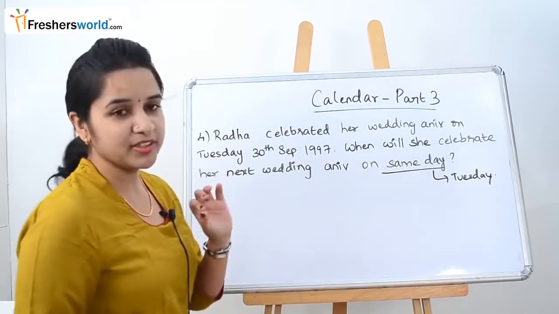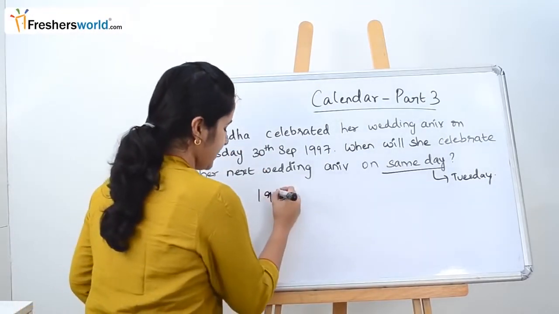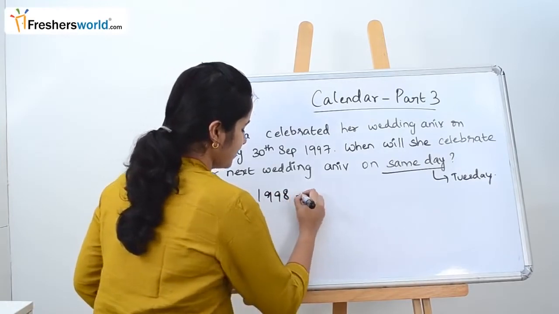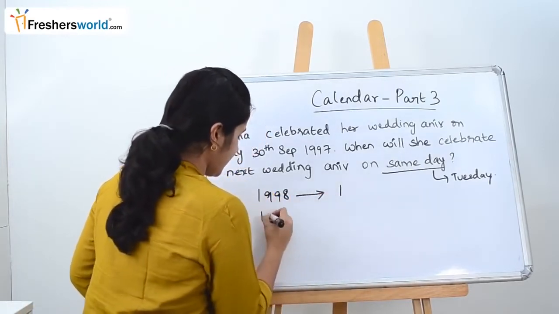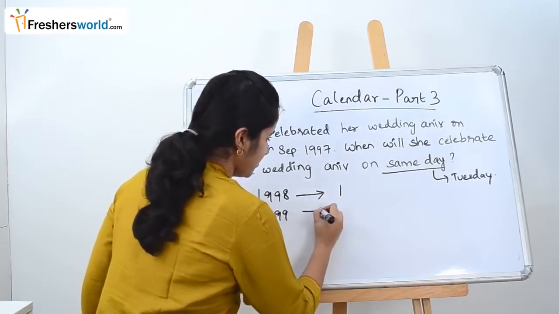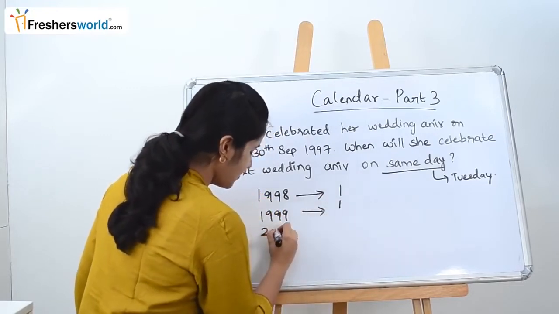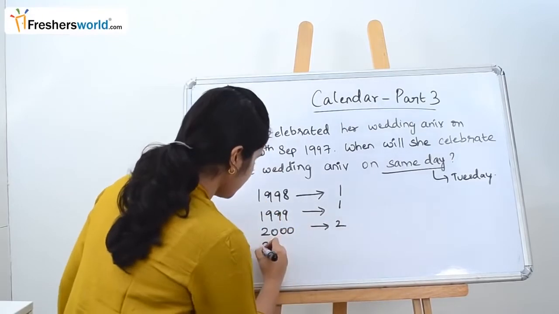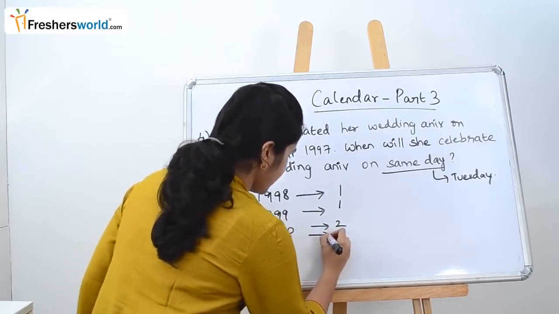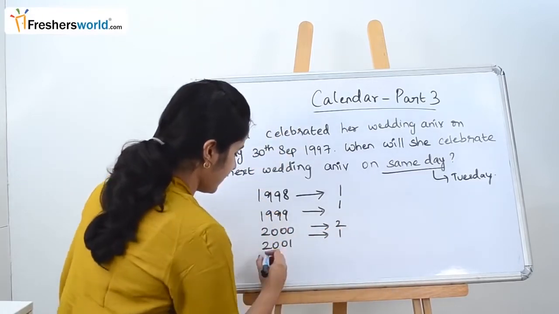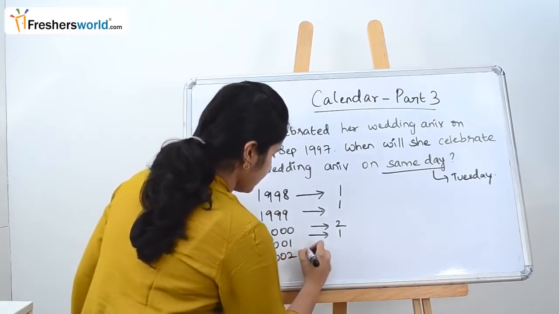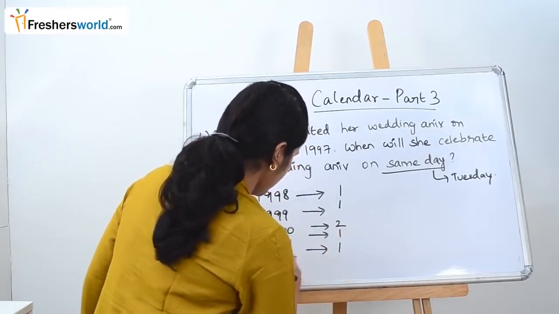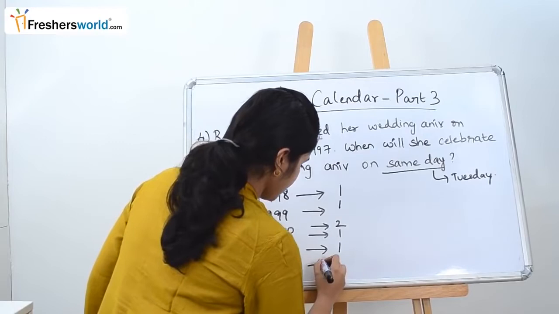Let's start counting the number of odd days. 1998 is not a leap year, so the number of odd days is 1. 1999 is not a leap year, so the number of odd days is 1. 2000 is a leap year, so the number of odd days is 2. 2001 is not a leap year, so the number of odd days is 1. 2002 is 1, and 2003 is 1.